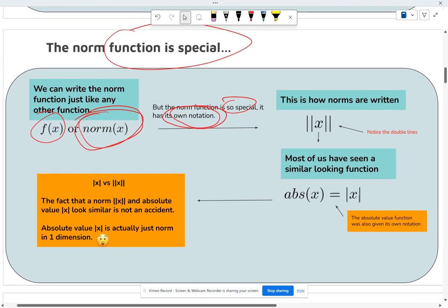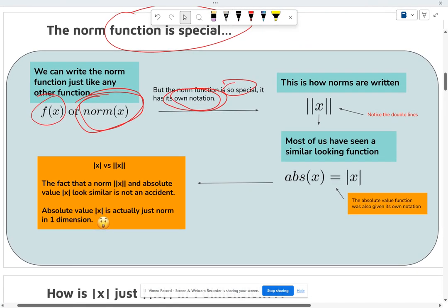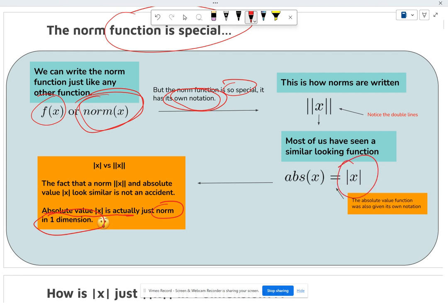Absolute value and norm are similar because the absolute value is actually just the norm in one dimension. If we only have one dimension, then that's just absolute value. But if you have higher dimension, then norm is a more general way of thinking about sizes.